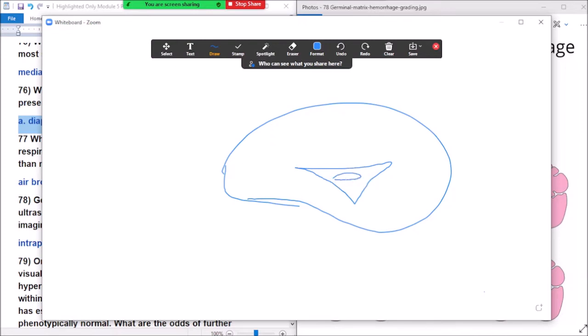It is differentiated from leukomalacia, which is usually not anterior to the groove. Anterior means this is anterior.